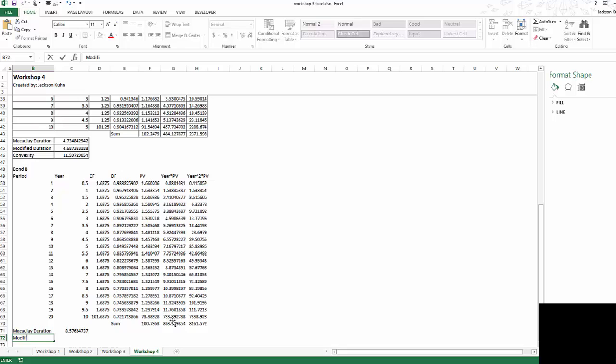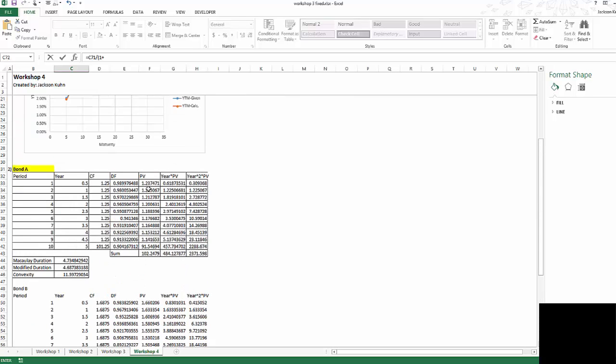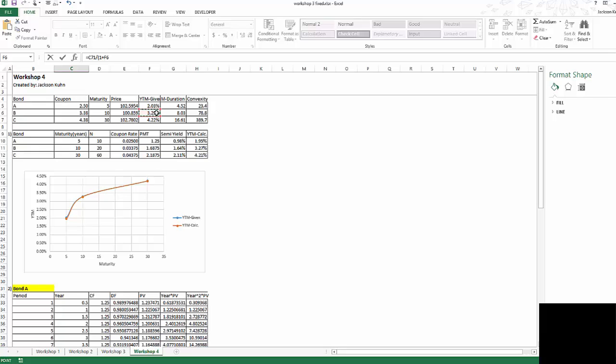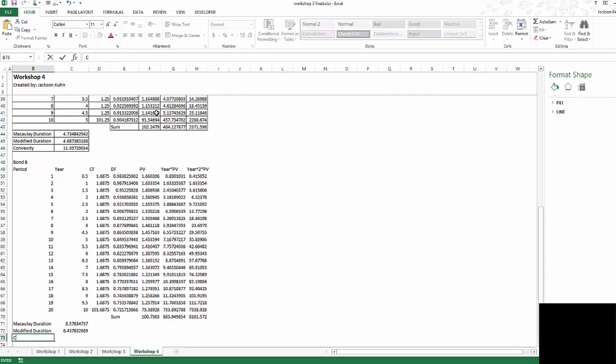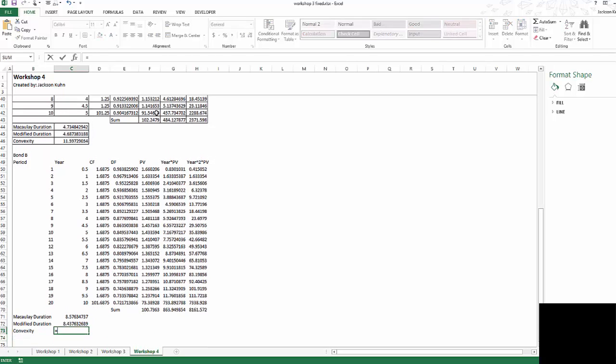Our modified duration will equal our Macaulay duration divided by 1 plus our given yield rate divided by 2, and our convexity will equal our year squared times PV divided by our present value times 0.5.